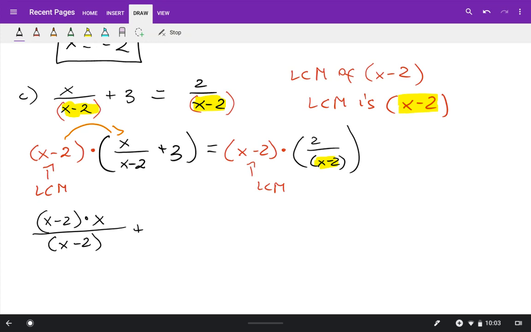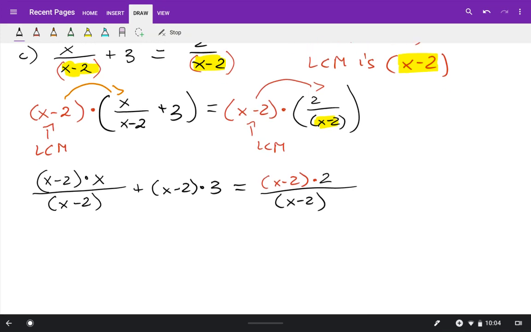Plus x minus 2 times 3, equal, and on the right side, I'm going to distribute x minus 2 times 2 over x minus 2. So we only multiply the numerator by x minus 2. So we have x minus 2 times the numerator of the fraction and everything over the same denominator.